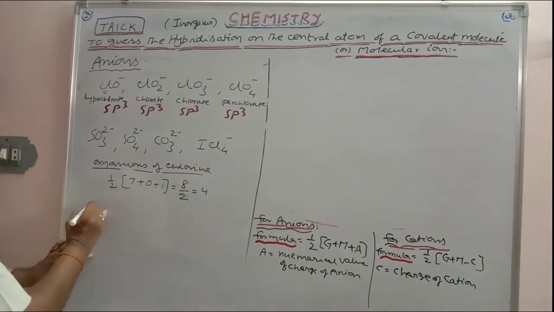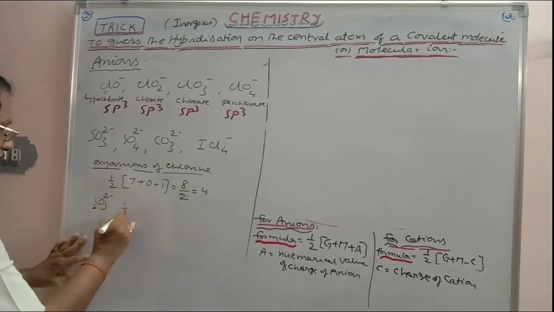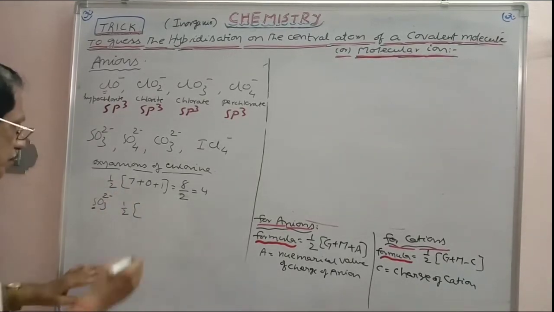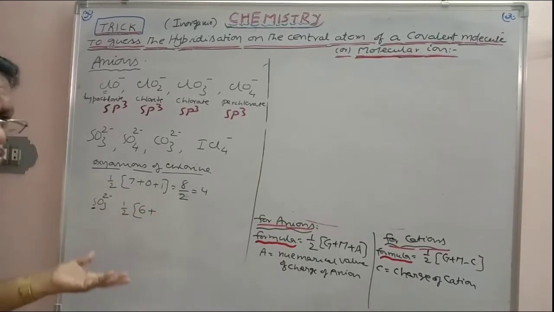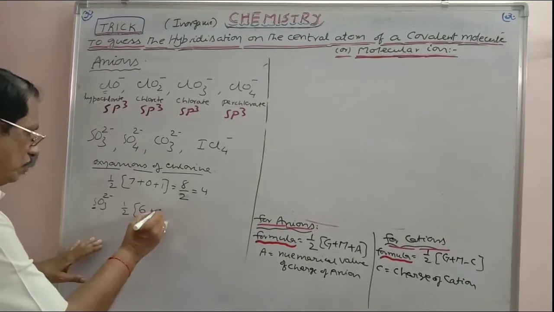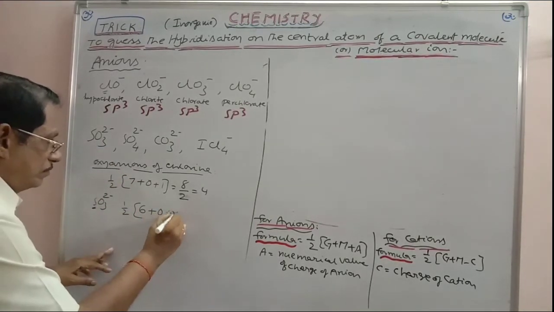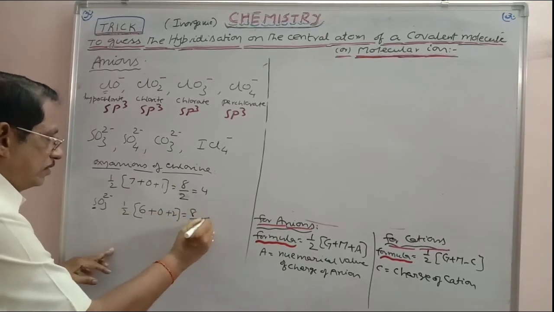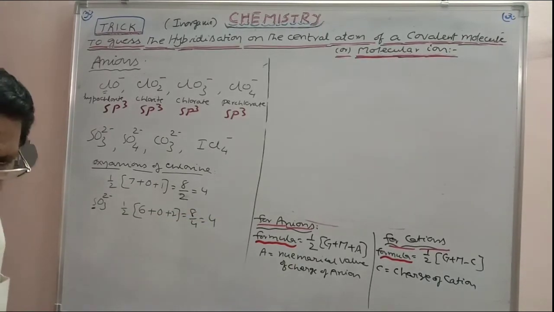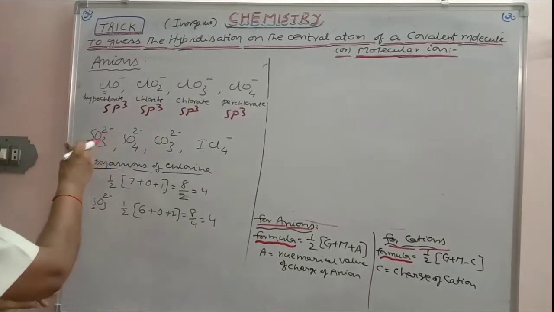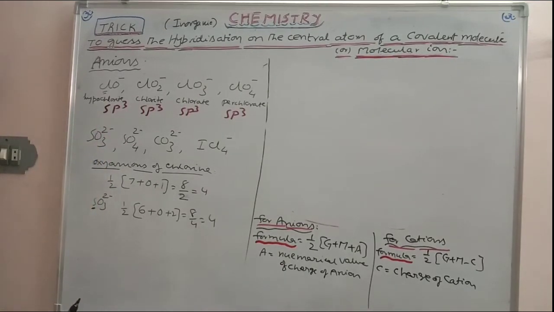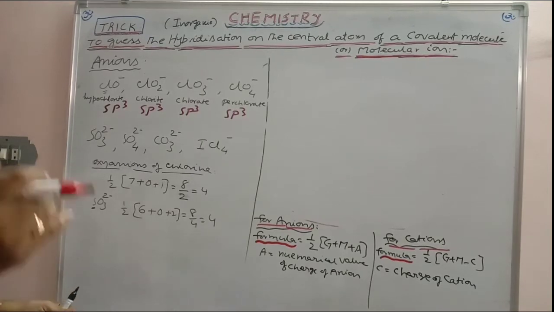In the case of SO3 2-, central atom is sulfur, half into sulfur belongs to 6th group, as you know. Number of surrounding monovalent atoms is equal to 0. Oxygen is divalent, don't count, plus 0. Charge of the anion, numerical value 2. That you have to add. 6 plus 2, 8 by 2, that is equal to 4. Once again, in the case of SO3 2-, hybridization depends upon the group number of central atom plus charge.